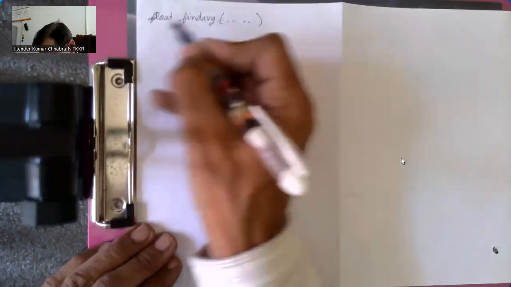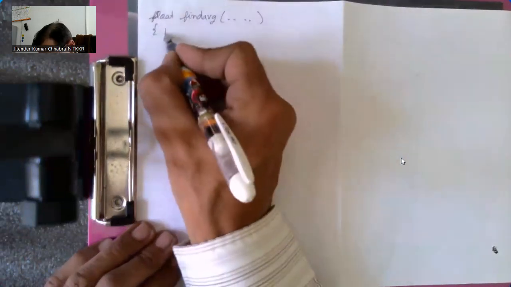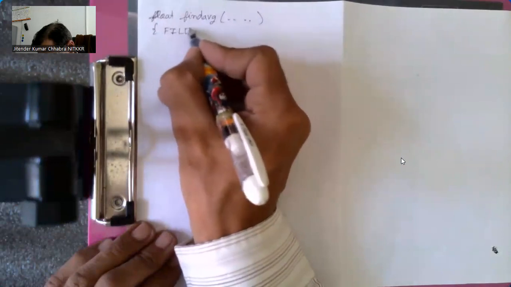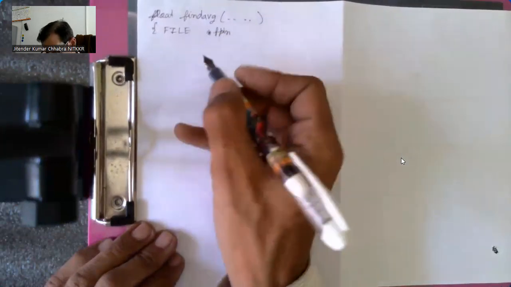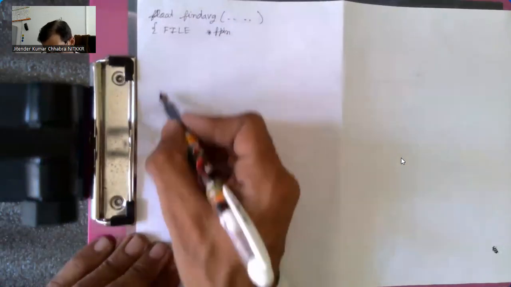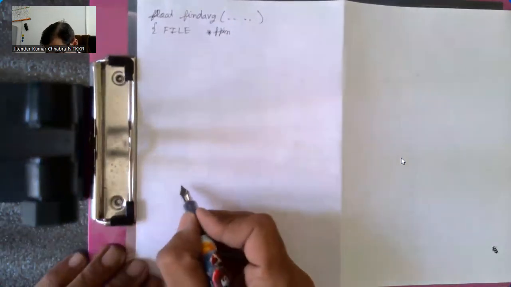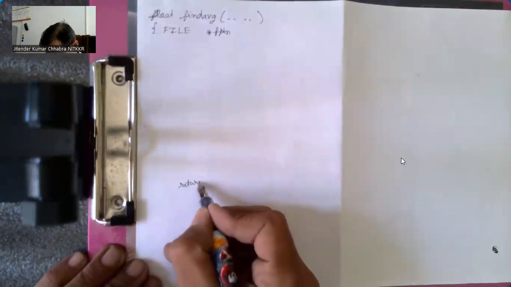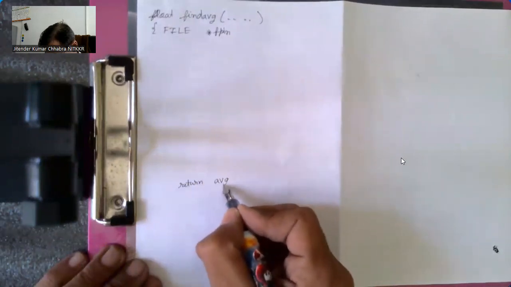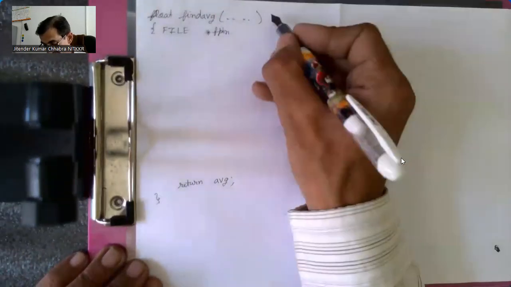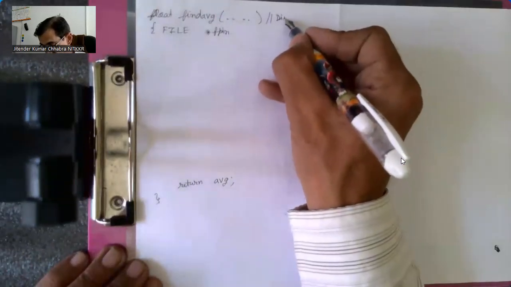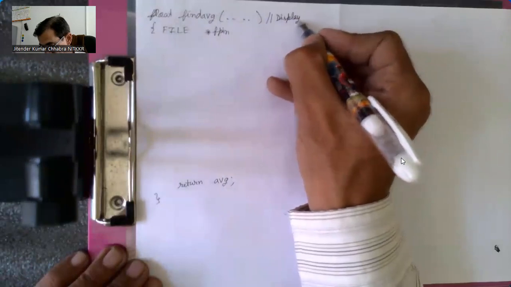Whatever parameters you need, I will have here FILE *fpin. I want you to write the whole code so that finally you will write return average. So you will display all records also and find the average.